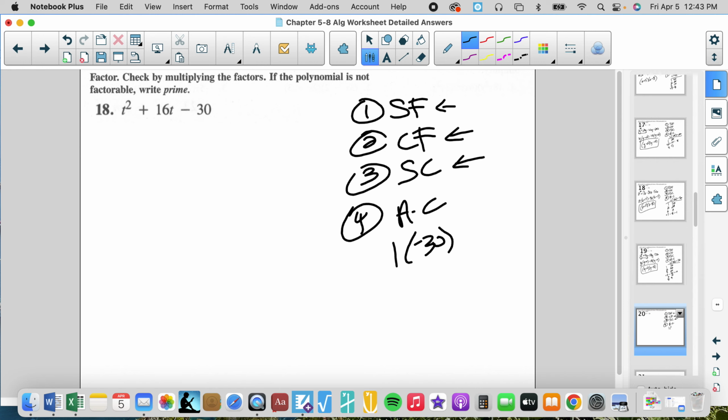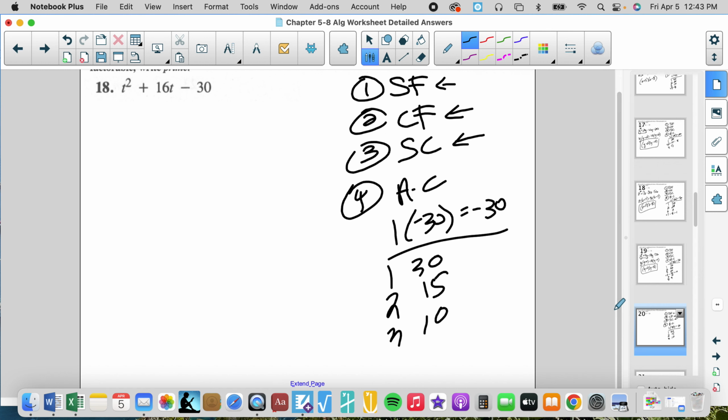We can't be sitting here wondering whether we're doing it correctly or not. You should be able to go through this like I'm doing, even while we're talking.